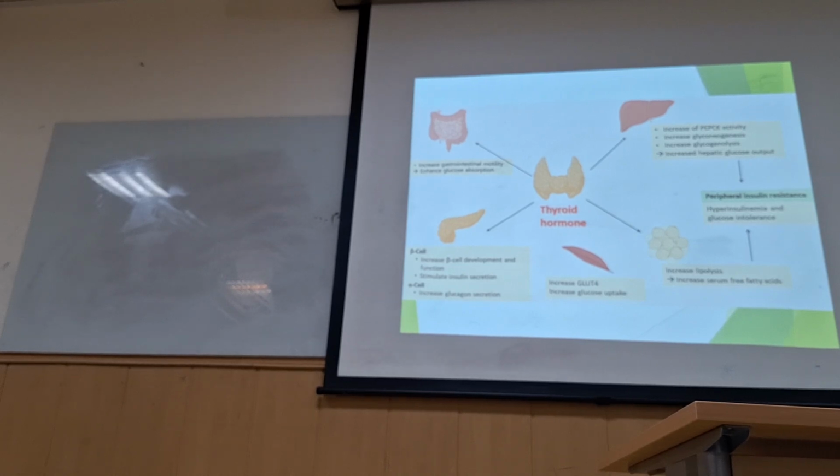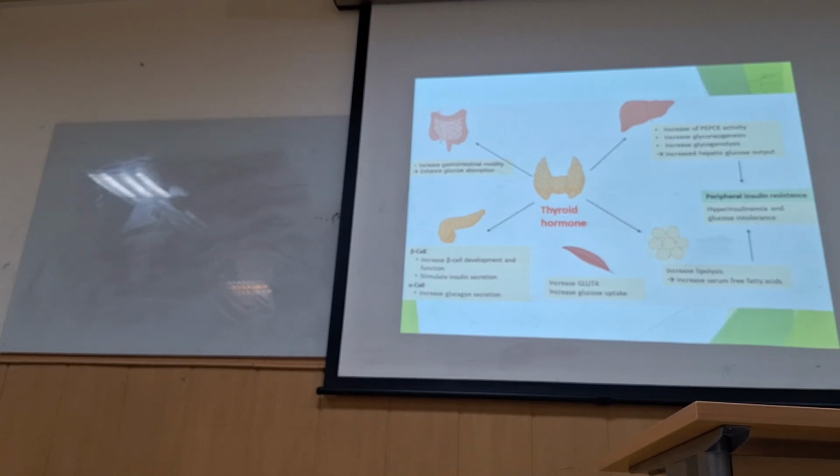If you read your book, it writes about the effect of thyroid hormones on puberty. In puberty, thyroid hormones are very important because they synthesize protein and increase puberty.